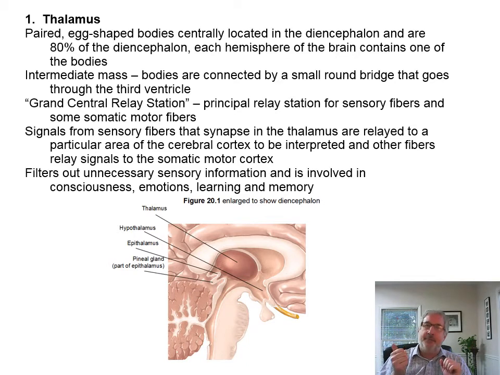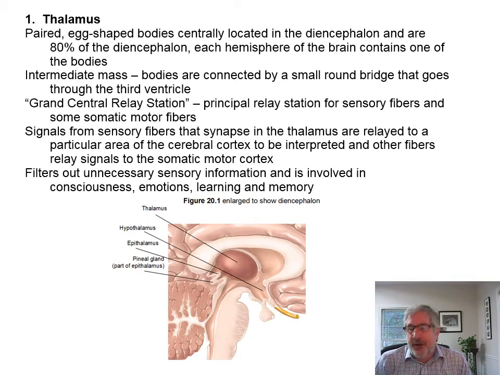So the information coming in from your fingers and all over your body goes there, and then it distributes it to the parts of your brain that are going to make decisions about what you're going to do with that information. The thalamus is a large body, so there are cell bodies in there. You have synapses, and those are relayed to particular areas of the cerebral cortex to be interpreted, and other fibers then relay signals out to the somatic motor cortex.